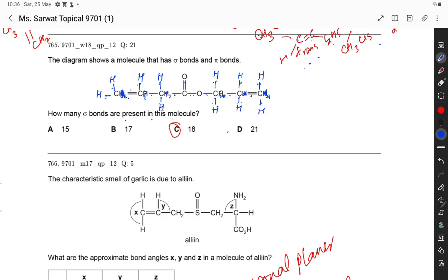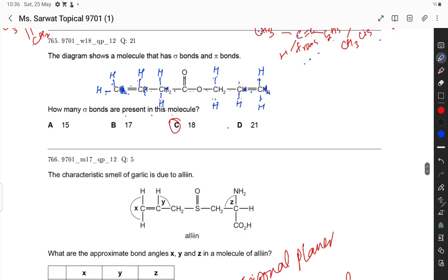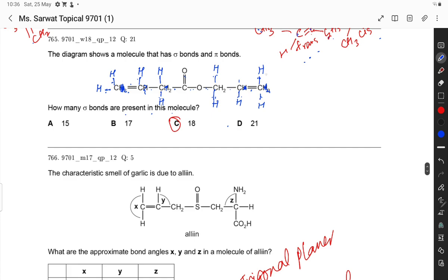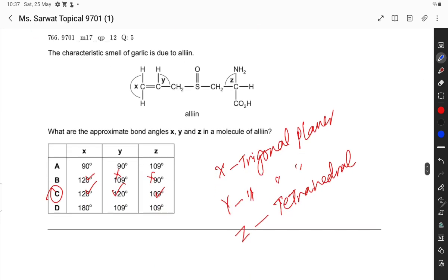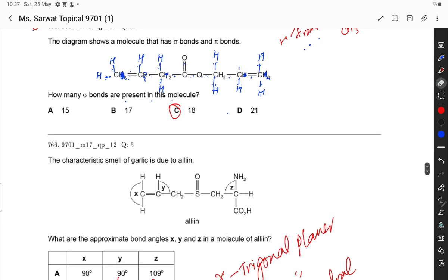Sorry, this is CH2, no, this is only CH. So 1 2 3 4 5 6 7 8 9 10 11 12 13 14 15 16 17 18. So there are 18 sigma bonds.